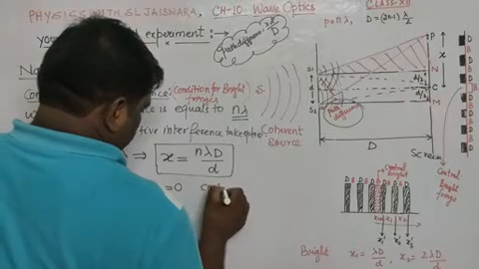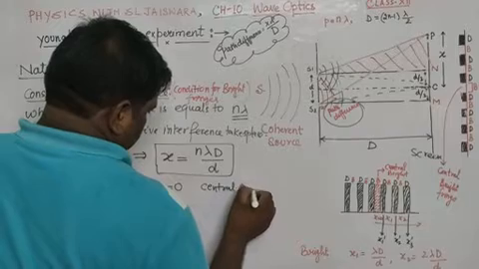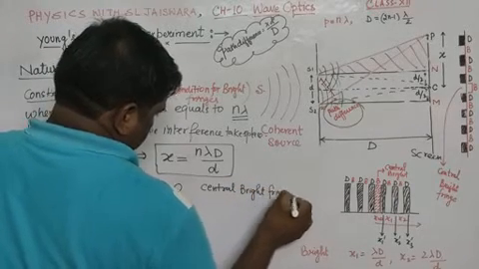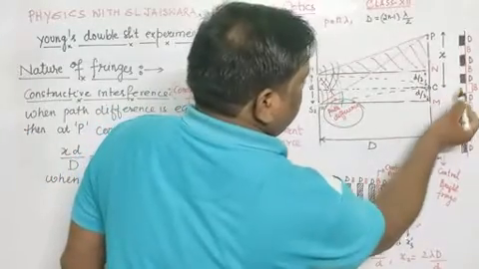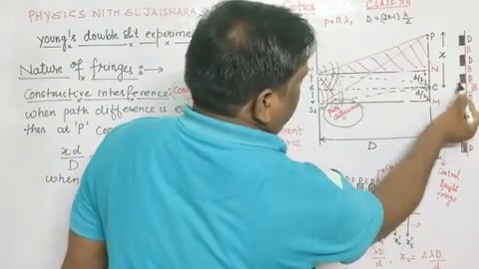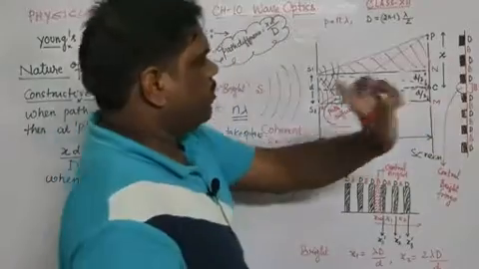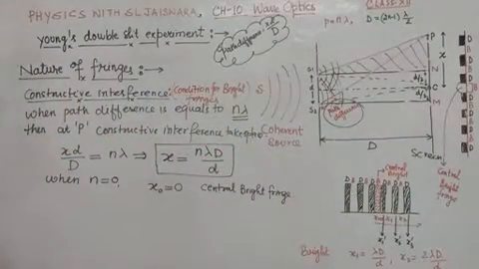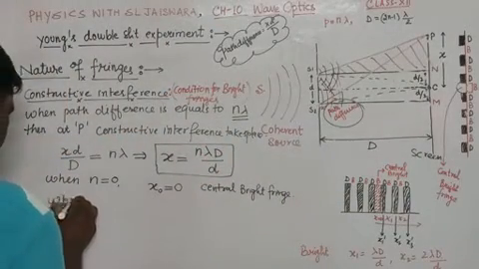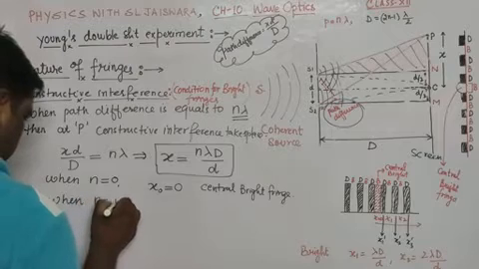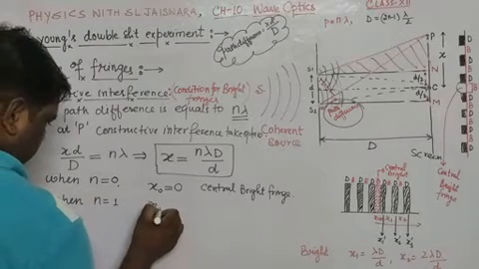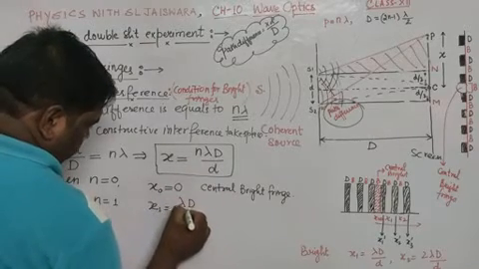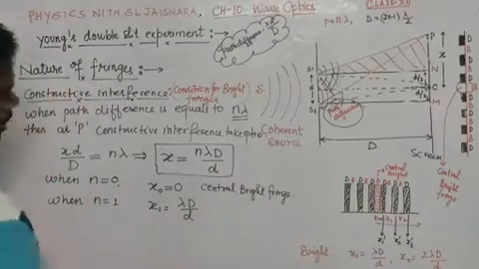So this x equals 0, simply you can write x naught equals 0, and this is called the central bright fringe. Here C is central, and B stands for bright. When n is equal to 1, then x1 will be equal to lambda capital D upon small d.